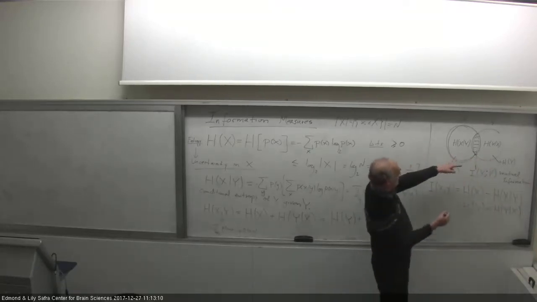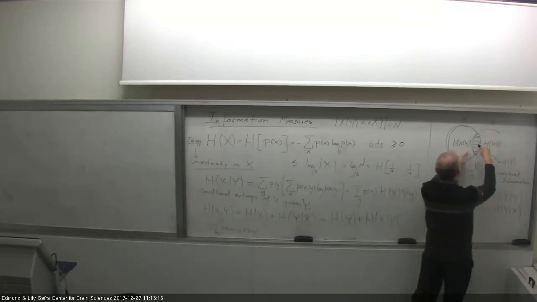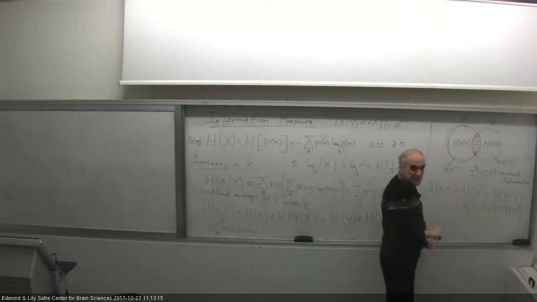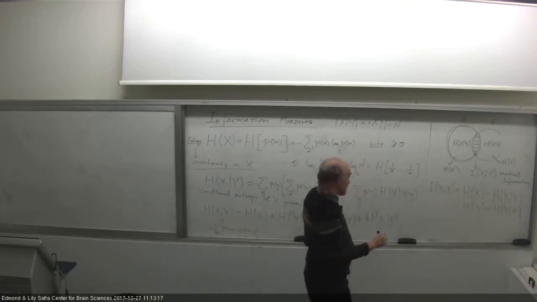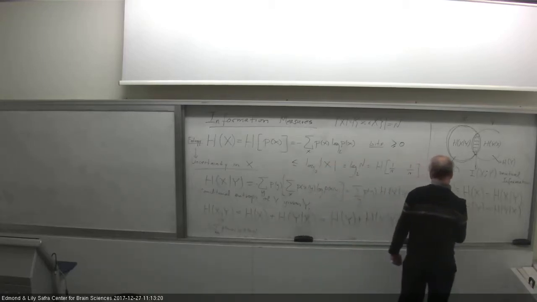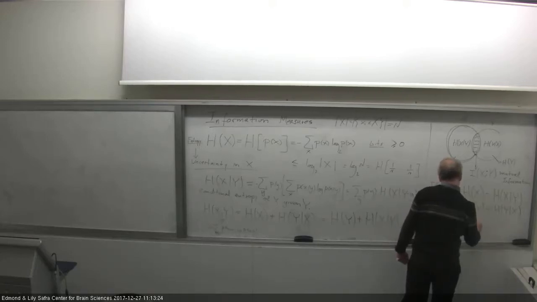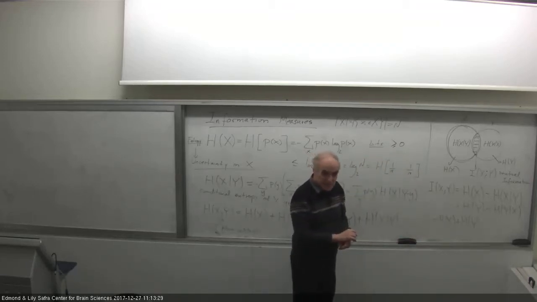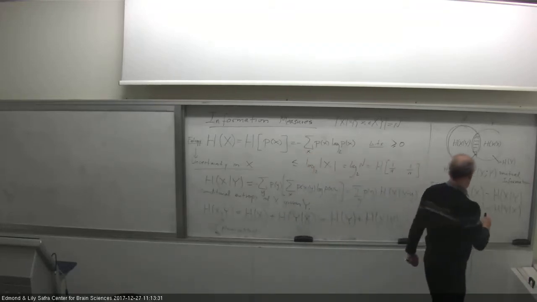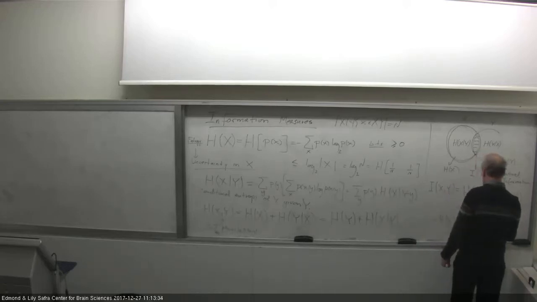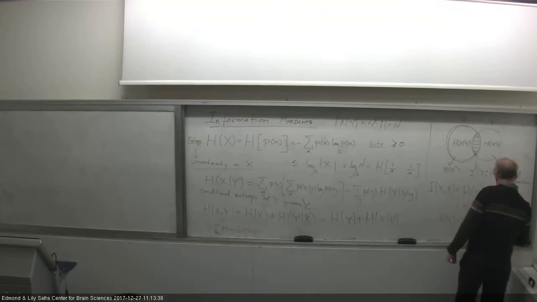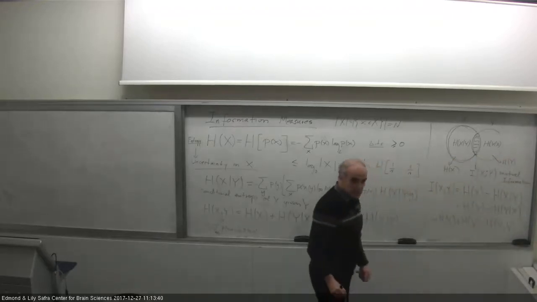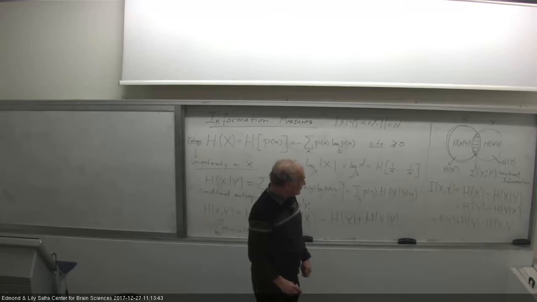And it's also the uncertainty in x plus the uncertainty of y, which is the total area of these 2 circles, minus the joint uncertainty. So if they're independent, this is 0. This is what we call mutual information.